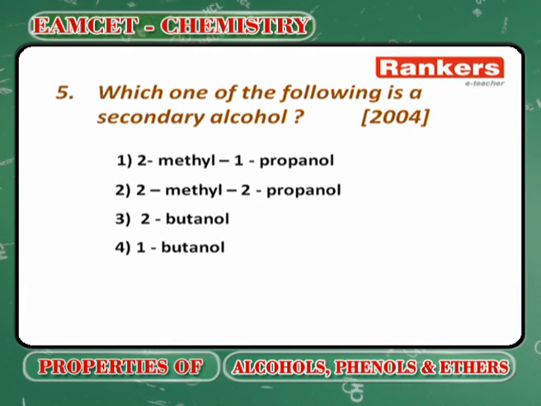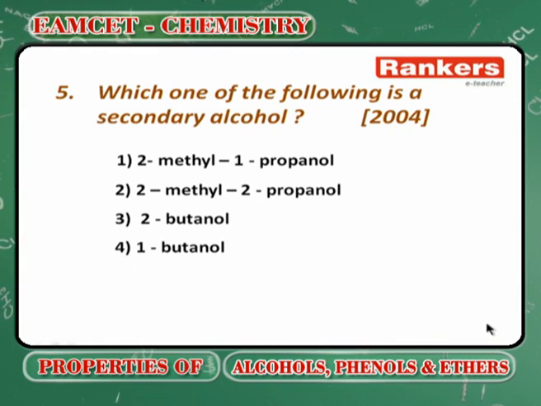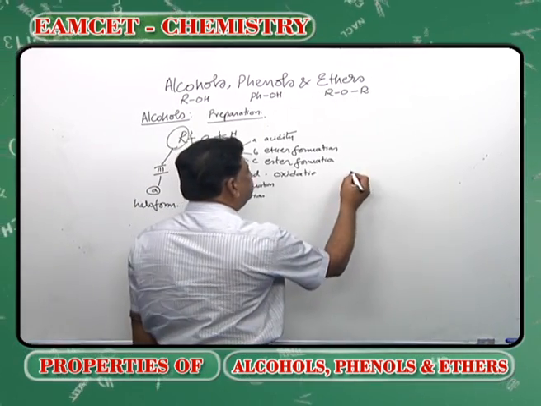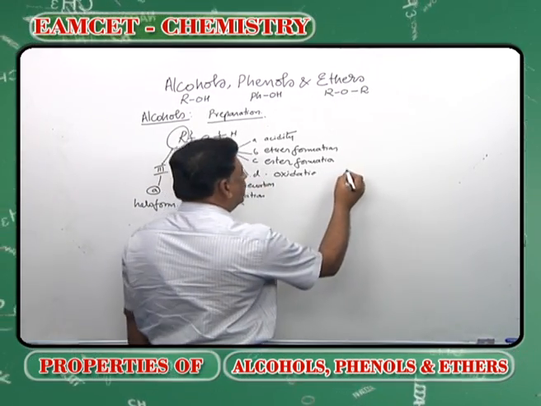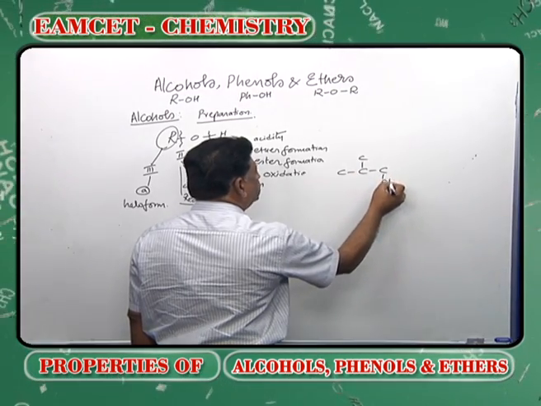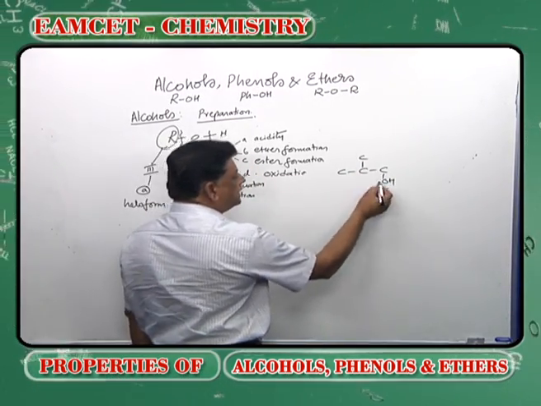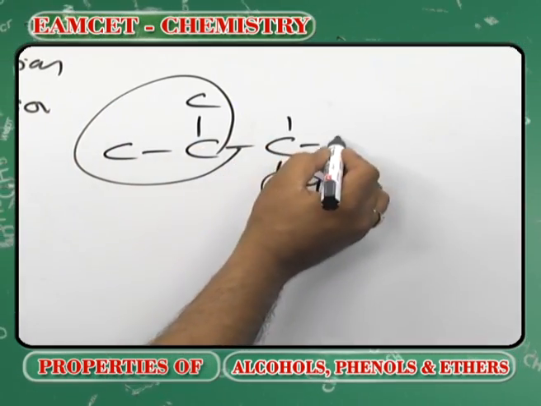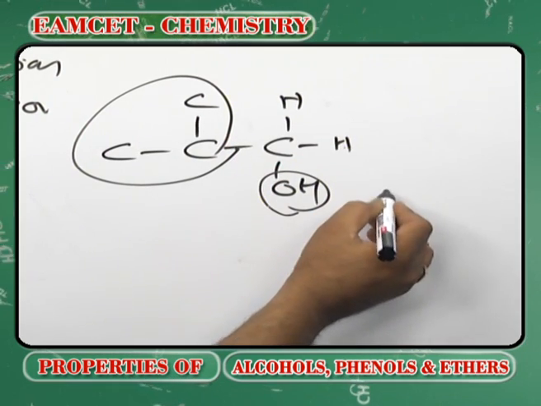By name, it may be misleading. It is not the method of identification that it is 1 propanol or 2 propanol. The first one is 2 methyl 1 propanol, a propanol containing 2 methyl. This is A. Here the OH-attached carbon has 1 alkyl group, 2 hydrogens. So, it is a 1 degree alcohol.